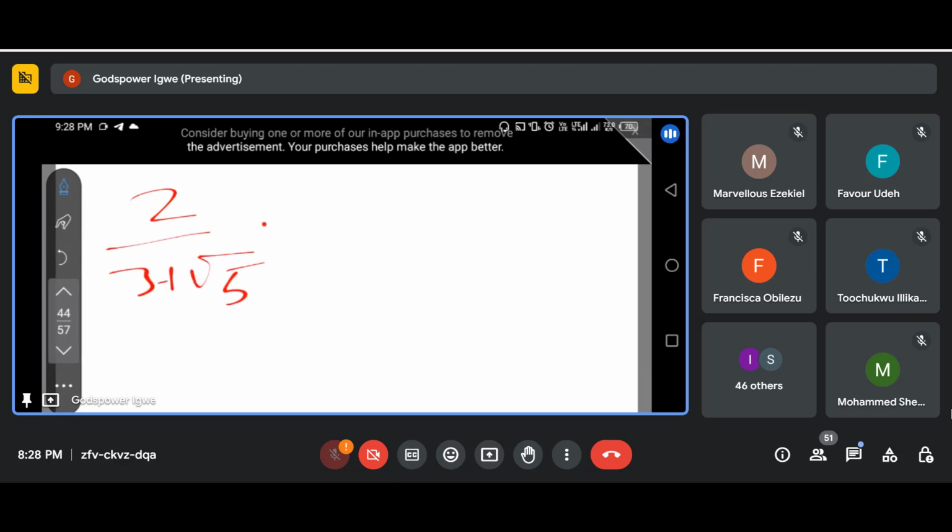So I was saying you have to multiply by the conjugate, which now will be 3 minus root 5. This is the conjugate you use to multiply against the numerator and the denominator.